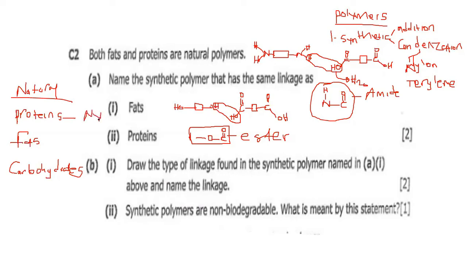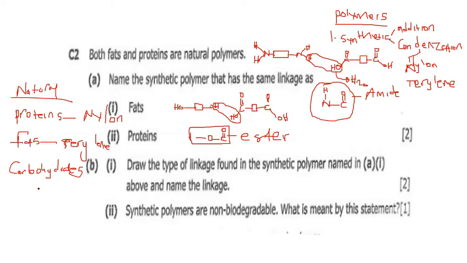Protein and nylon have similar bonds, they are both amide. Then the fats have an ester, so fats can be likened to pteryline. Carbohydrates are on their own. When they join together, they form a type of bond known as a glycosidic bond.